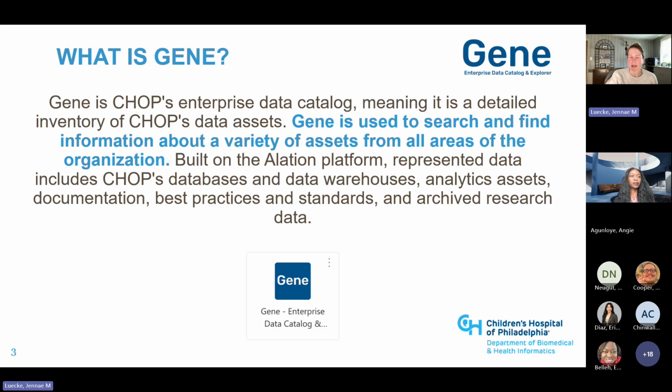It is accessible by any employee within the organization, either via the Gene icon in My Apps, which is pictured on the slide, or by navigating to gene.chop.edu. It is not a homegrown CHOP application. It is built on the Alation platform, so you will see when visiting the catalog some minimal references to Alation.